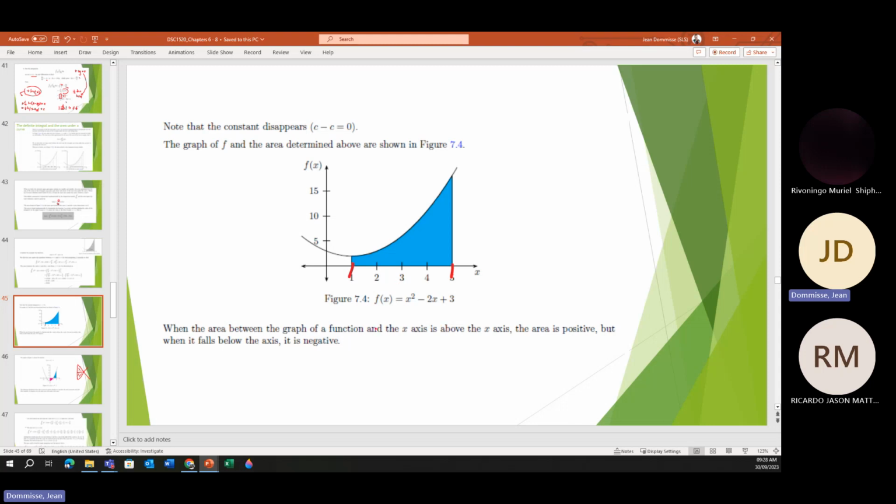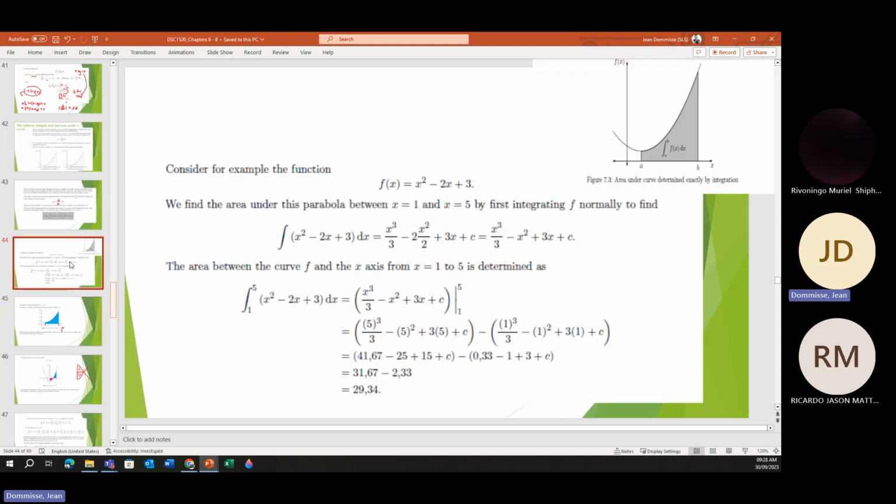So we will integrate this, and then we will work out what the area is between 1 and 5. So when we have integrated this, we will substitute the 5 into it, and we will substitute the 1 into it, and we will subtract the two. So that is the process that we're going to follow.